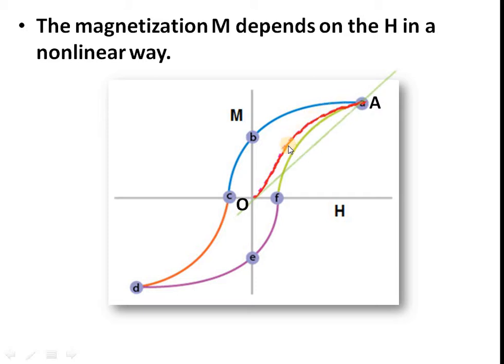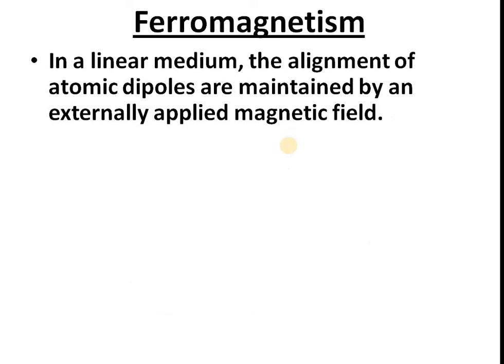It is not a straight line. The rest of the graph we will explain very shortly, what is meant by all the rest of the curves. So that is the meaning of non-linearity. In simple terms, the relation between M and H is not a straight line. That is the meaning of non-linearity. And the examples we quoted, ferromagnetic materials, are all non-linear magnetic materials.